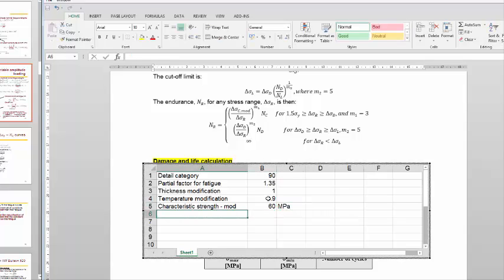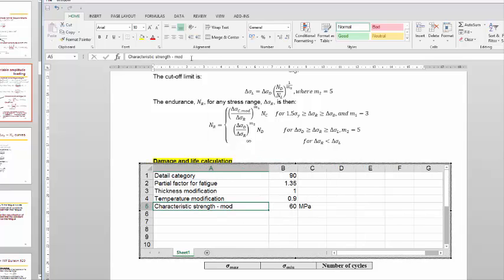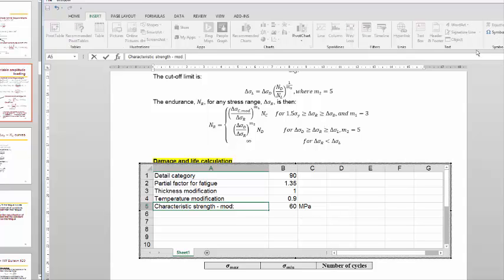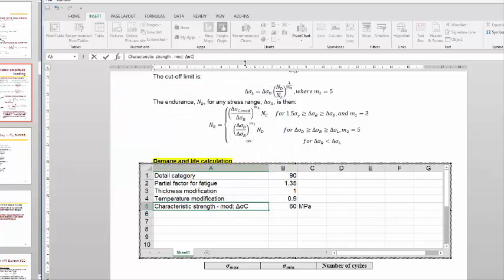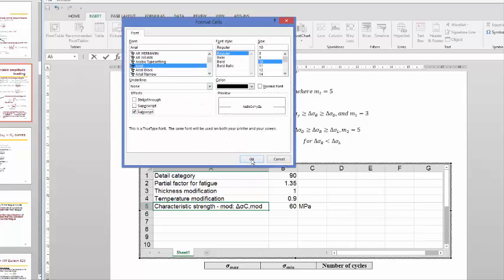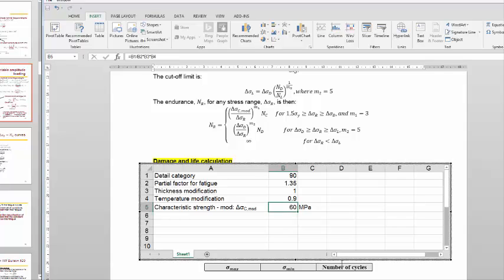Then we must remember that 60 MPa is now called the delta sigma C modified. Let's insert that, with the C modified as subscript. Let's format the cells and say it's subscript. So there's our delta sigma C modified.